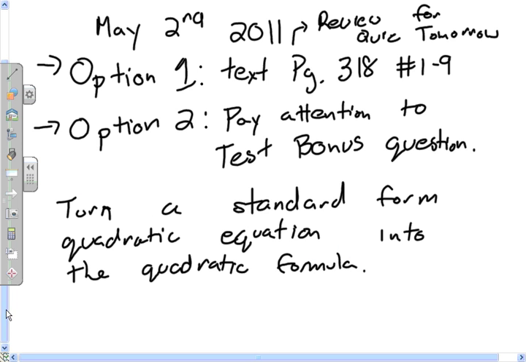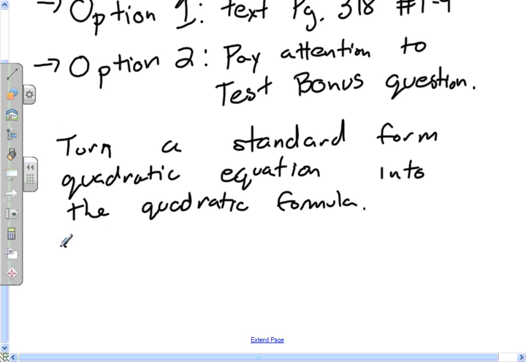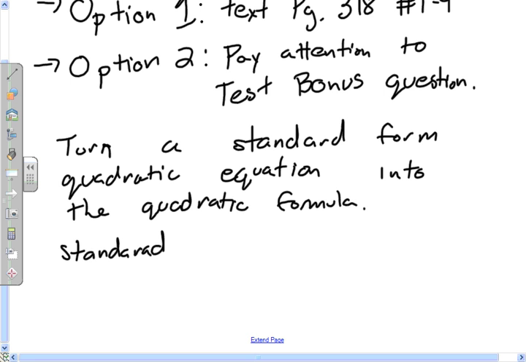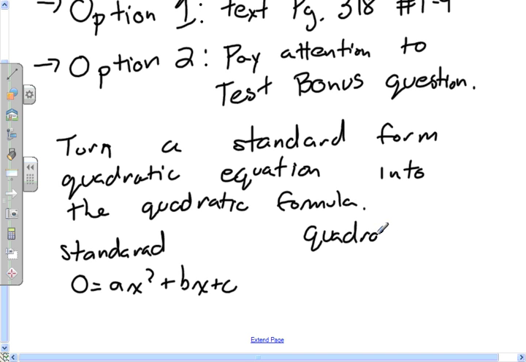Okay? And what I'll do is I'll show you standard form. So I'll actually give you standard form, which is 0 equals ax squared plus bx plus c, and quadratic formula, which we're going to start using tomorrow.